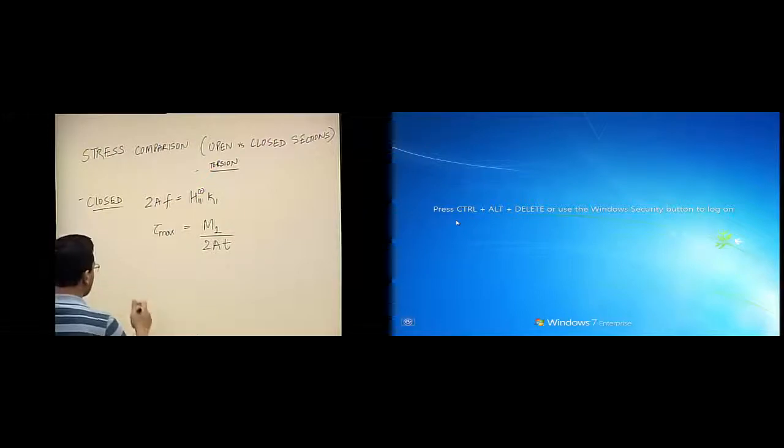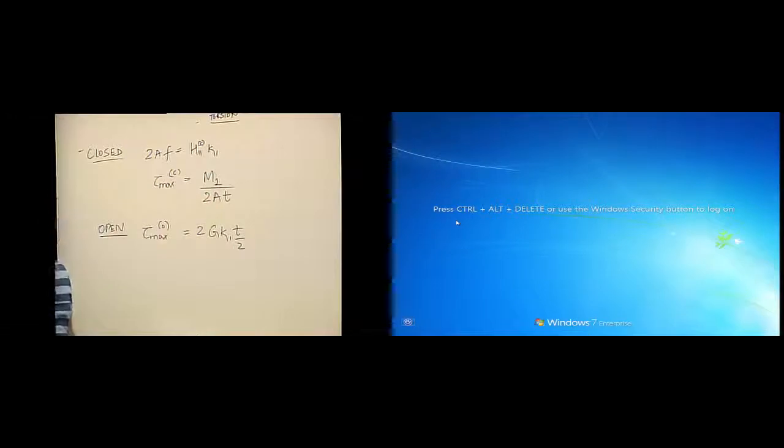And in case of an open section, this superscript is just for open, so it will be equal to 2G kappa 1 T over 2. And it's the area which is enclosed by the section. For example, this.